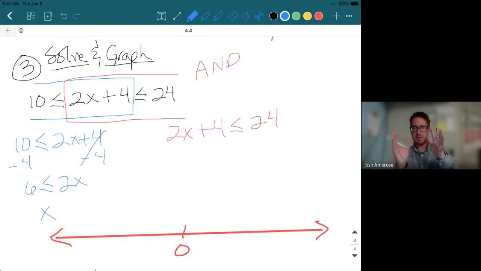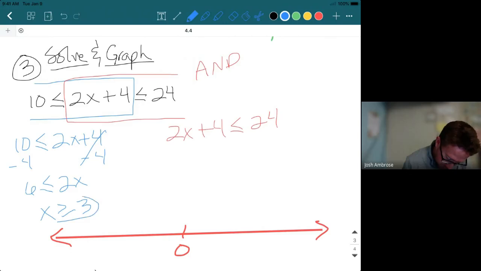Notice it's going to look like I'm flipping the inequality sign, but really what I'm doing is I'm changing the order. The variable goes first, then the inequality, then the number. And we're going to get 3. Okay, so there's one of our answers.